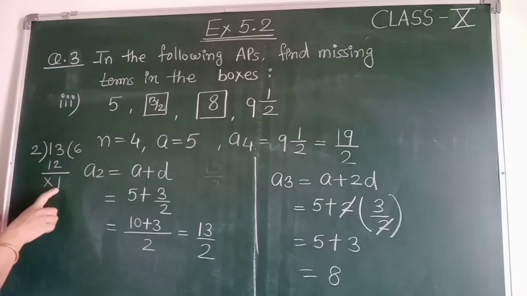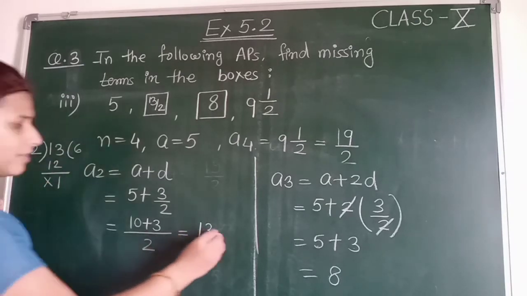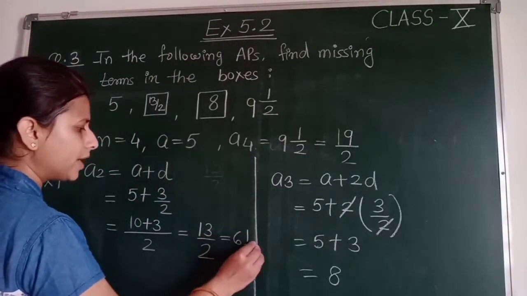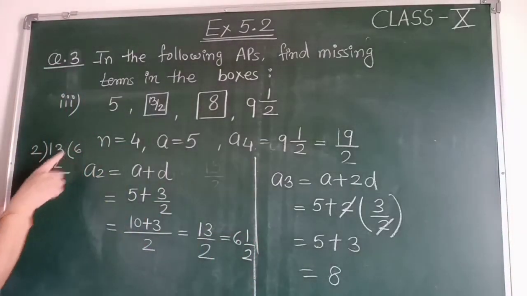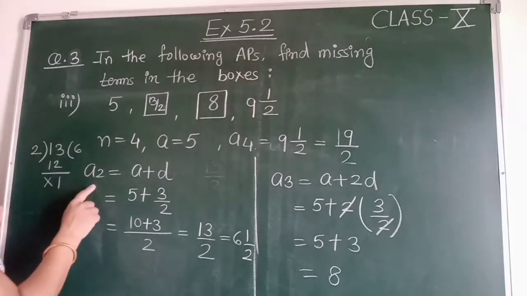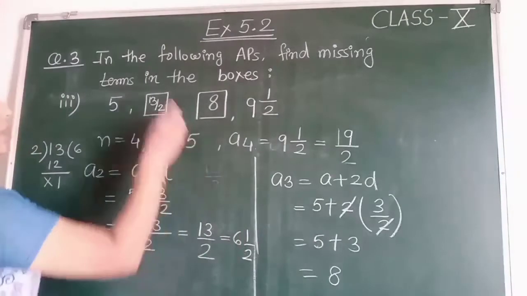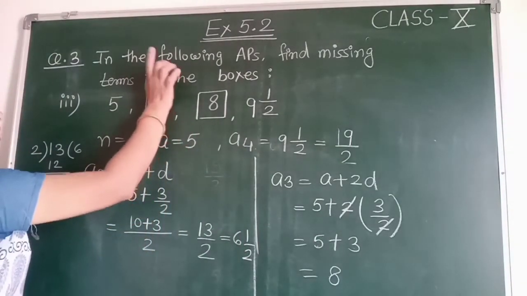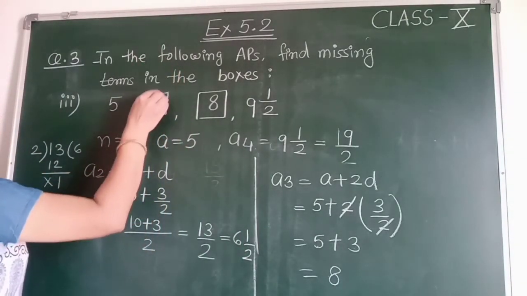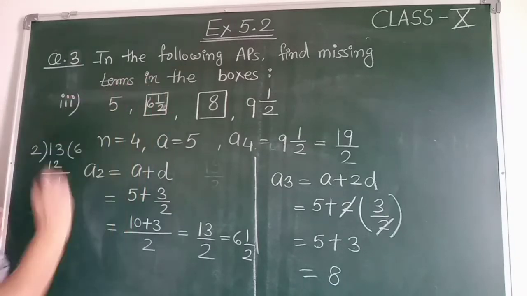Remainder will be 1. So how can we write this? We will write 6 1 by 2. So the second term in the form of a mixed fraction will be 6 1 by 2. So in place of 13 by 2, we can write 6 1 by 2.